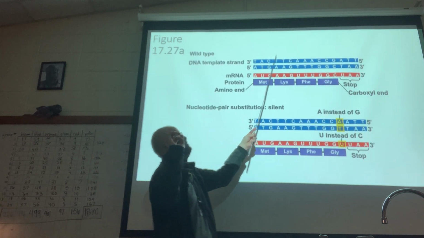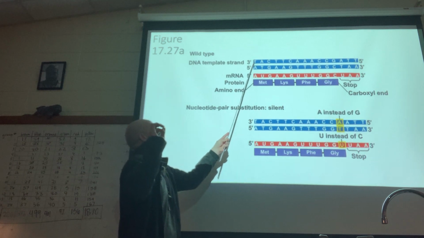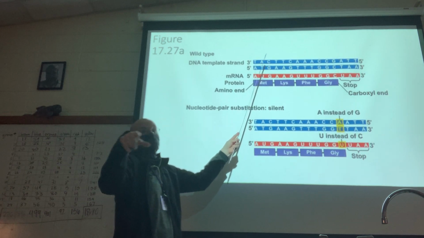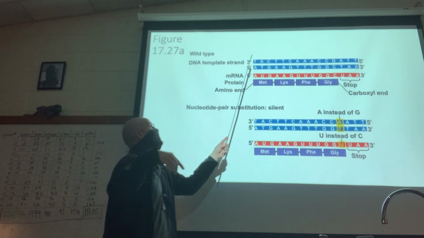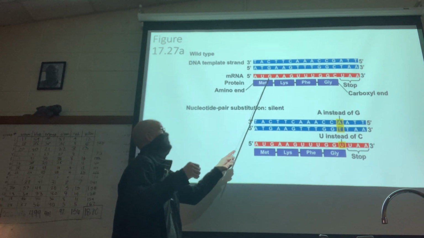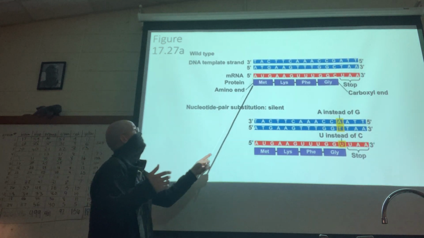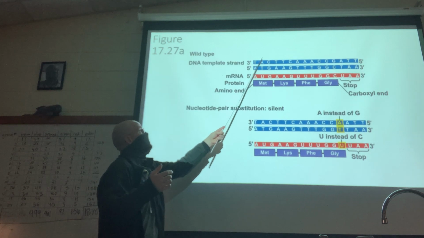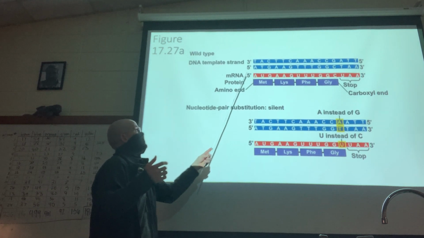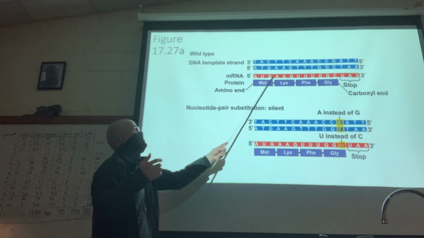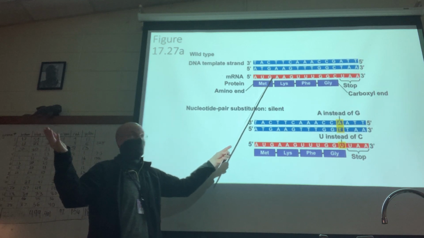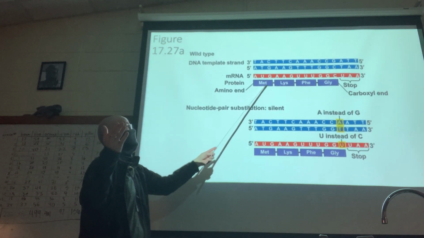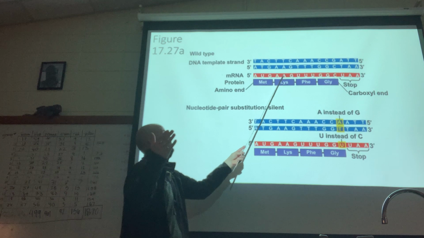So we're going to be reading the top strand every time. This TAC will be transcribed into a message that says AUG, so that's going to be our starting message. So here we go from DNA to the RNA to, after translation, what amino acid will go with that codon.